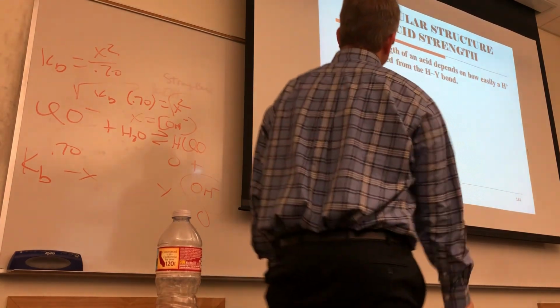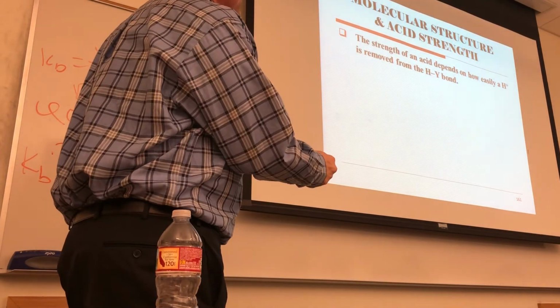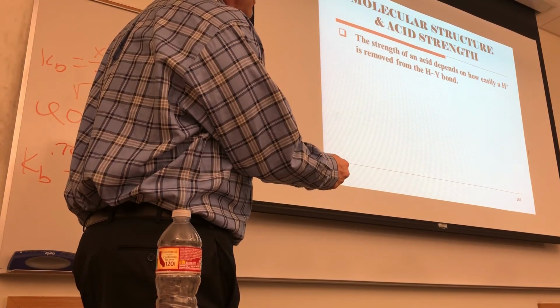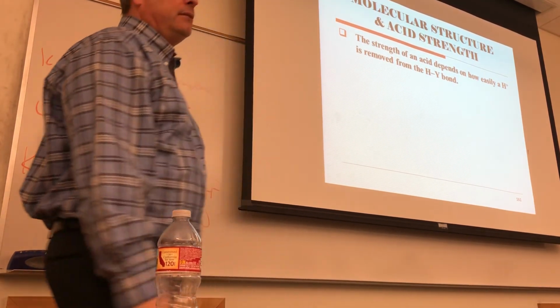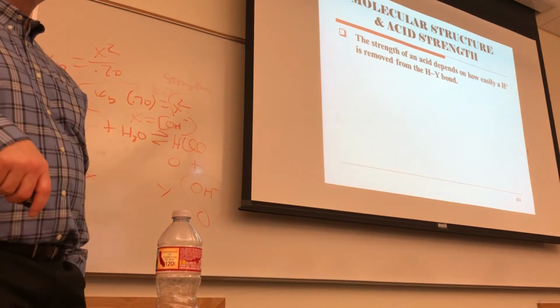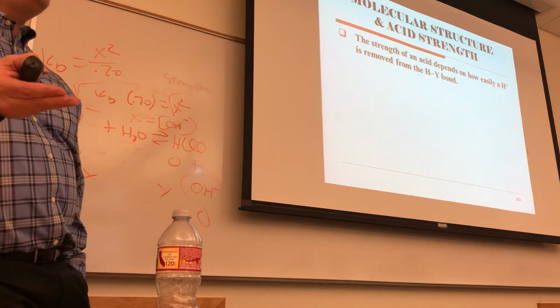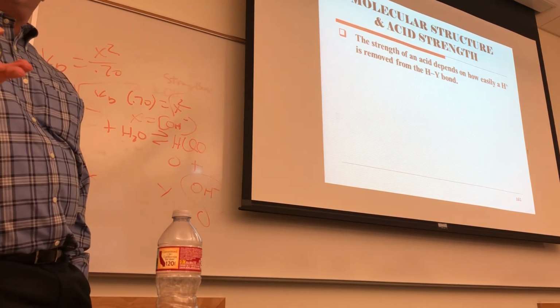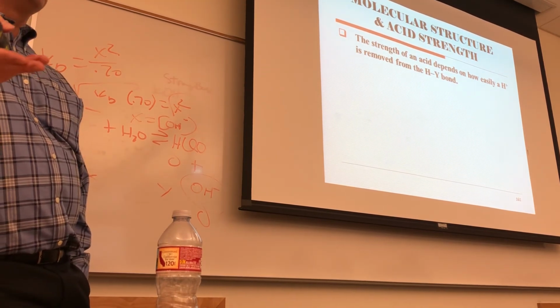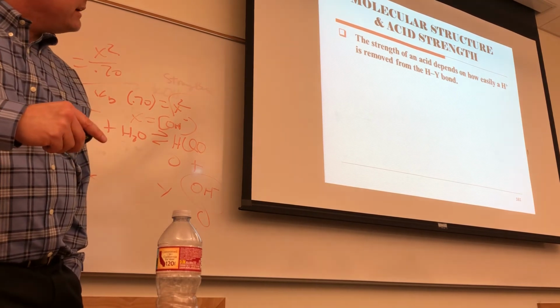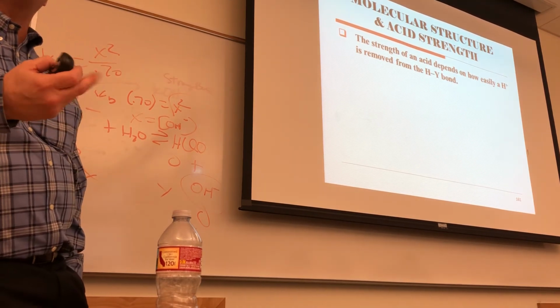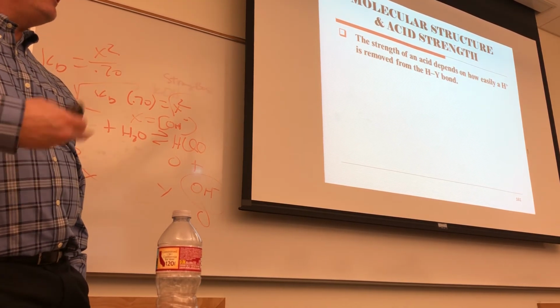In other words, the strength of an acid depends on how easily you can get rid of the proton, or dipole moment, within a binary acid. That's the H plus. How easy is that? HCl, 100% ionization, right? That means it's strong. Why is it 100% ionization versus something that's a weak acid, like HF?